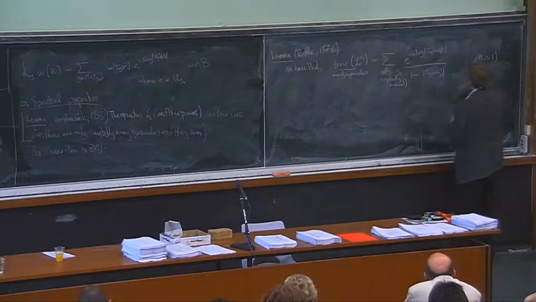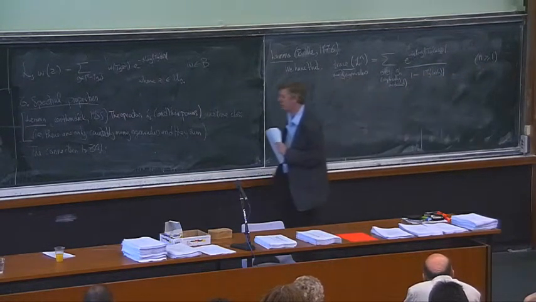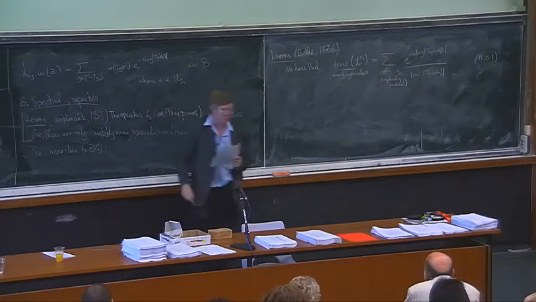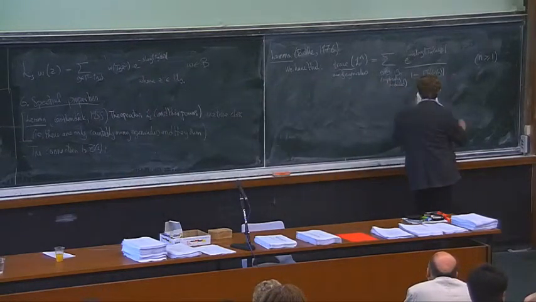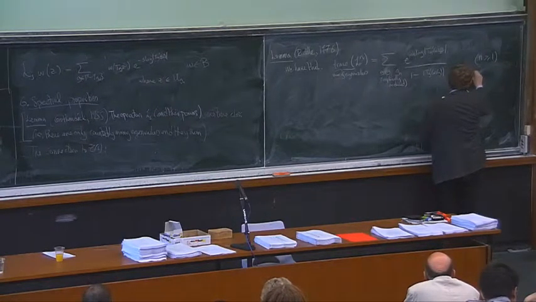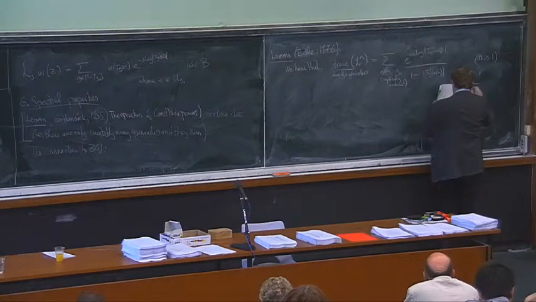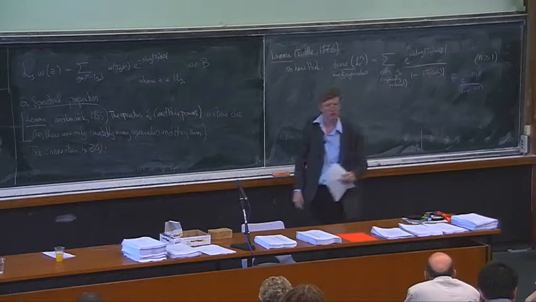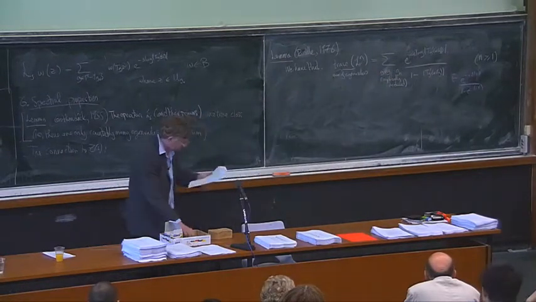So if you don't like so much the dynamics on the boundary, then according to the previous correspondence, this thing is pretty much like e to the minus s, the length of some geodesic, over 1 minus e to the minus the length of the geodesic. So that's what it corresponds to in some particular coding.